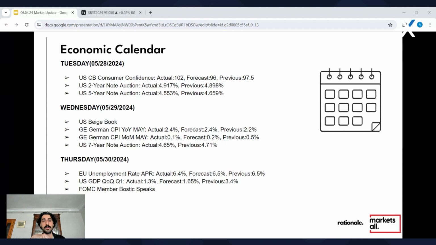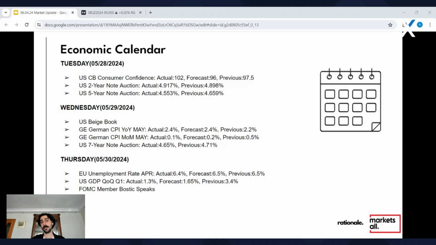And also we received the real GDP data. It increased at an annual rate of 1.3% in the first quarter of 2024, according to the second estimate from the Bureau of Economic Analysis. This is a revision from the previous advance estimate of a 1.6% increase, mainly due to a downward adjustment in consumer spending, as I mentioned in the Beige Book.